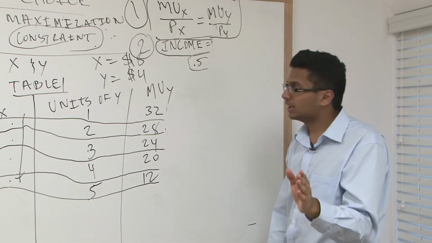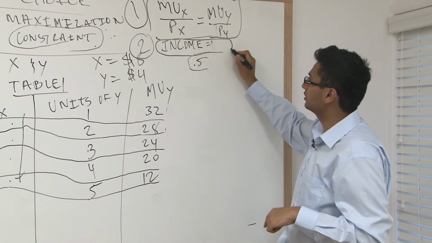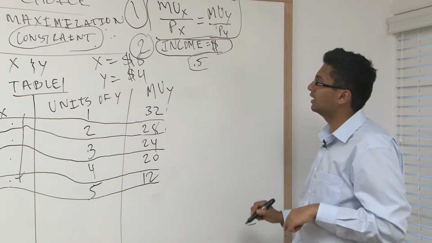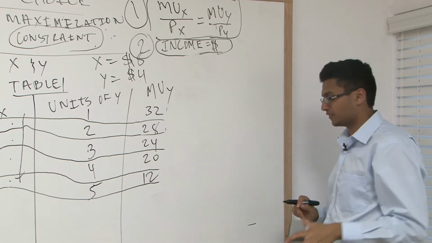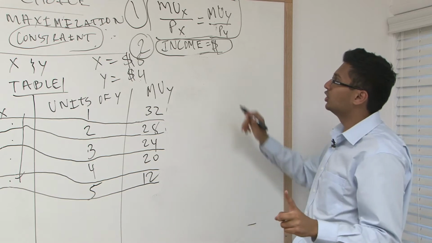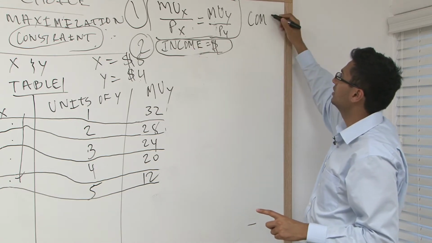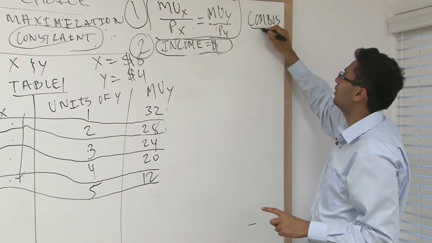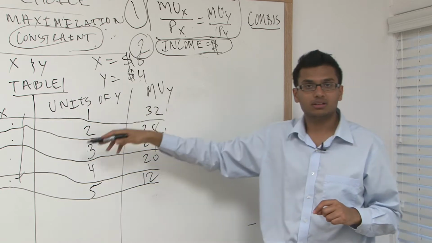Second part is to understand what the income is. Your income is some number. Then there are a couple things you have to do. One is, using the combinations, you have to figure out what the combinations are.